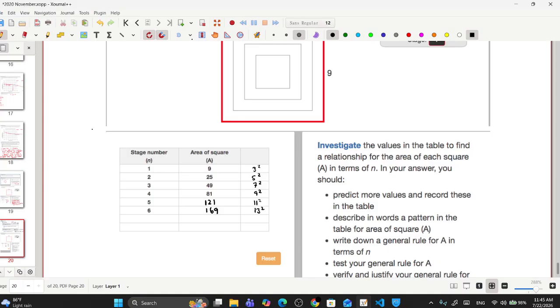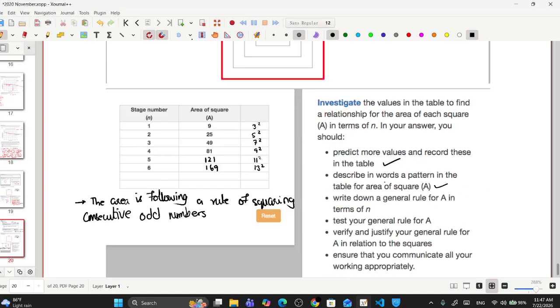We're done with this. Write down a general rule for A in terms of N. Now, this is an example of basically what type? Geometric sequence.